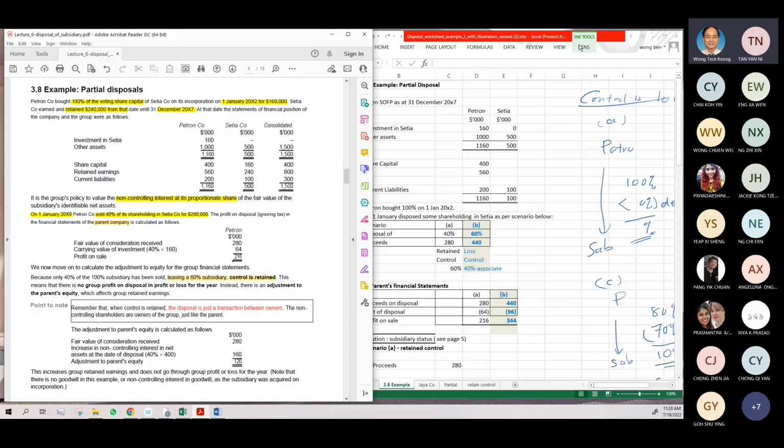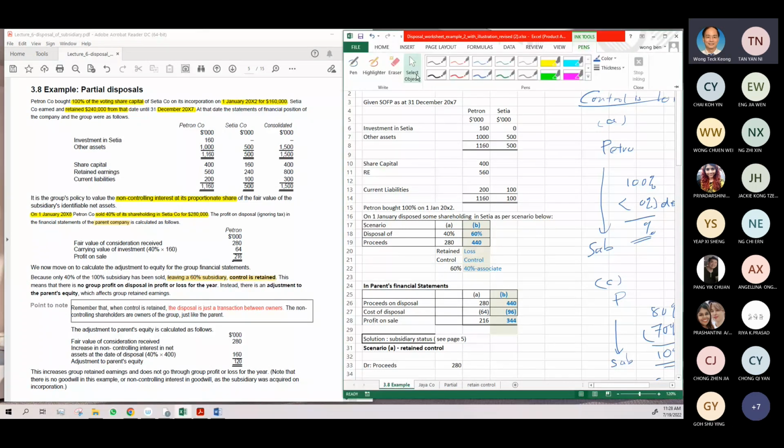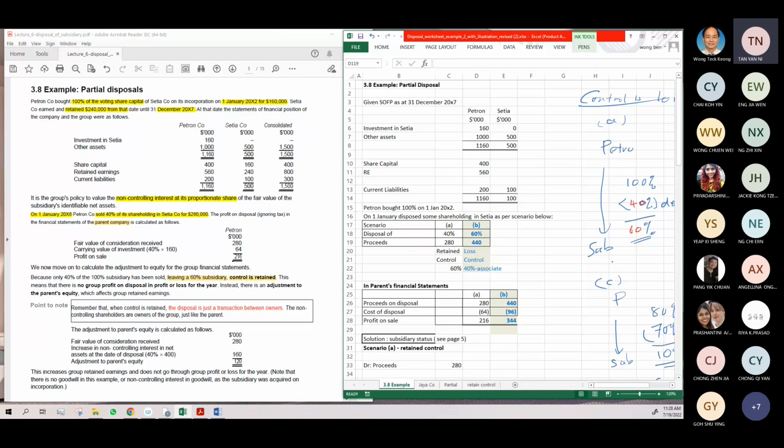So then how much do they keep? They're keeping 60%. So this one is retain control or lost control? You're still keeping 60% of it, so it's still your subsidiary. So 100% subsidiary becomes 60% subsidiary.